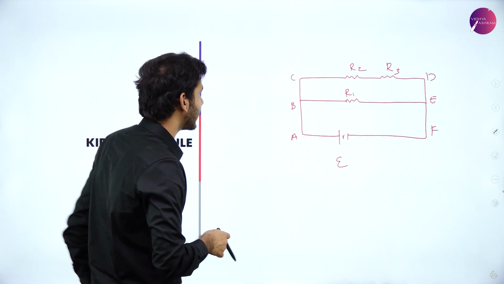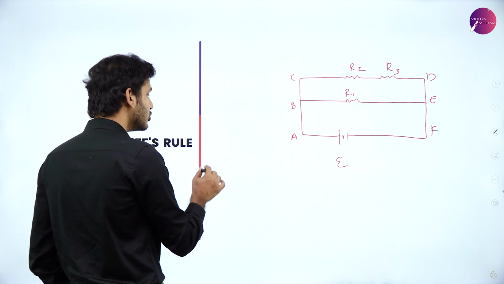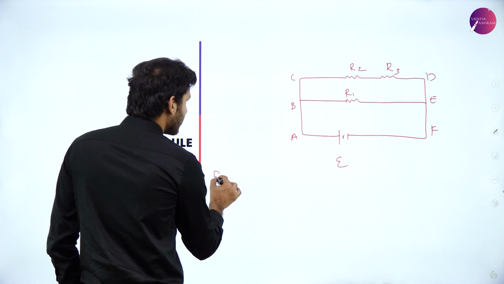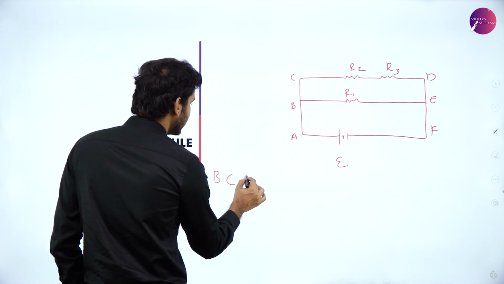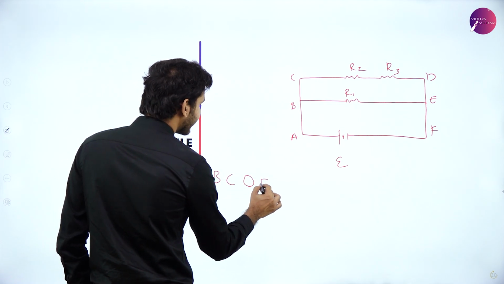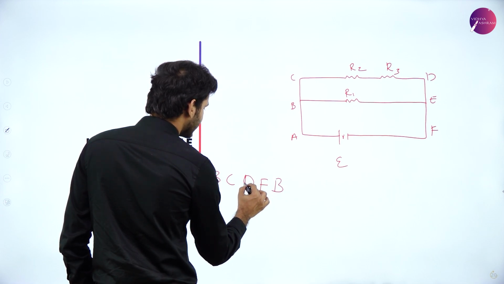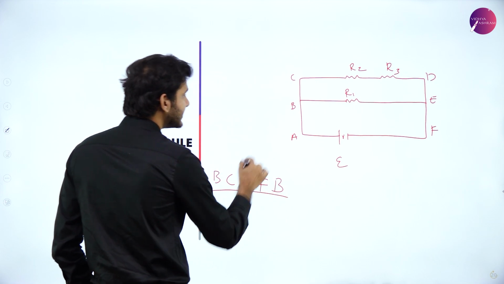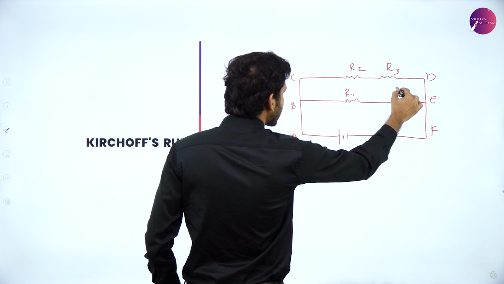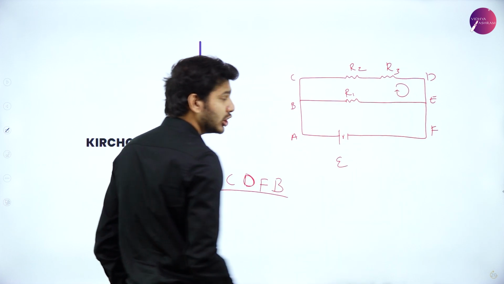So let's see one example. I am taking the loop which is B, C, D, F, B.